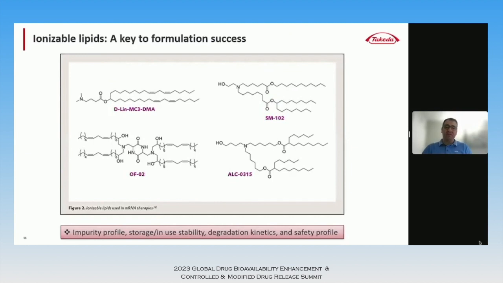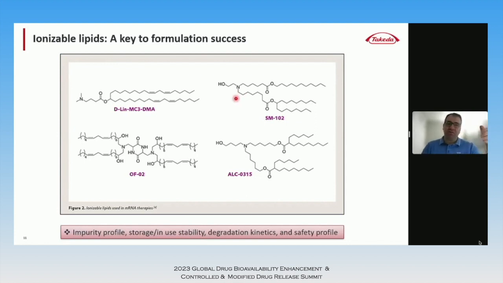So I just told you one of the key components of the LNPs is the ionizable lipids. So these lipids play an important role in the delivery efficacy of LNP formulations. They have ionizable head groups, which is protonated during the formulation so that it can complex with the negatively charged cargos.